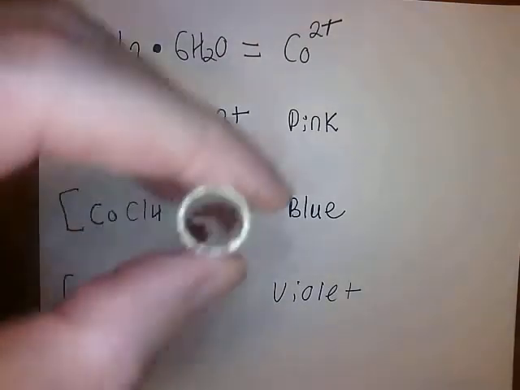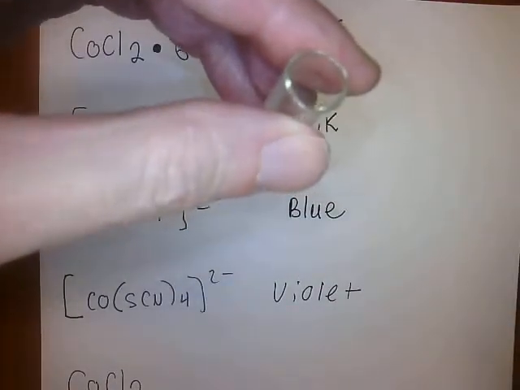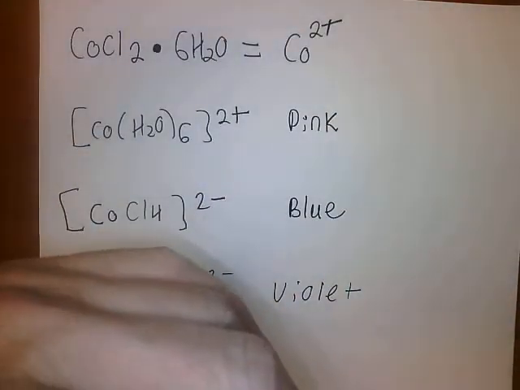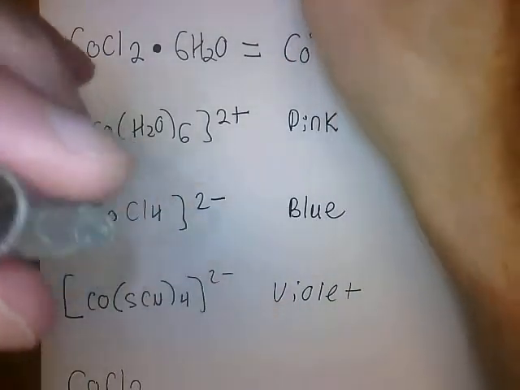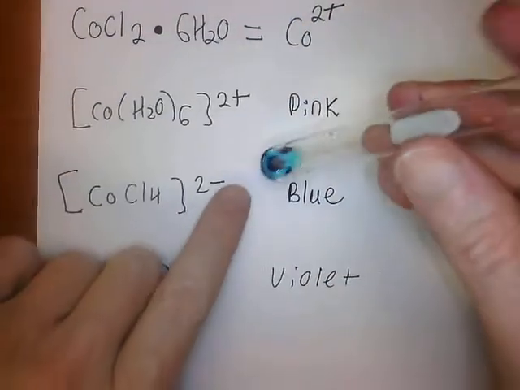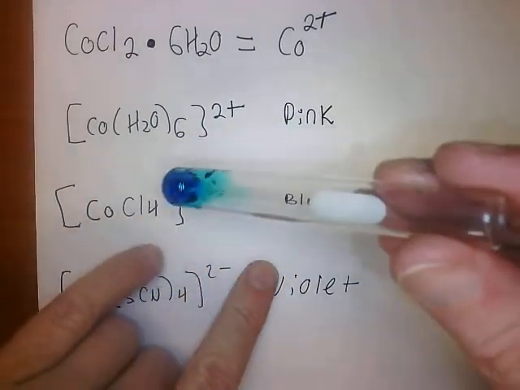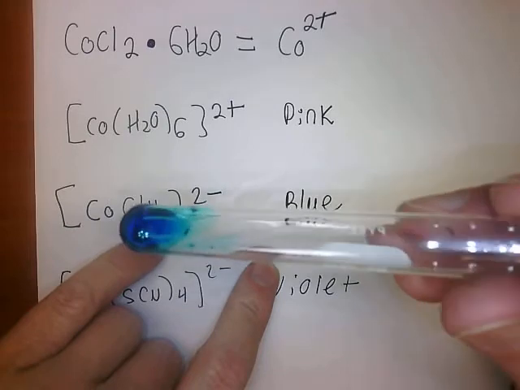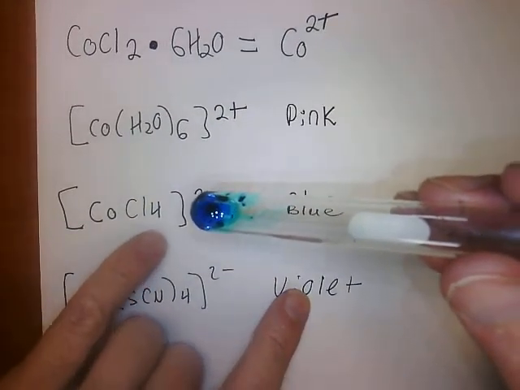Alright, so we'll take the next one, test tube number 2, dissolve it up in some hydrochloric acid, and now what you see looks completely different. Okay, what's being produced here is the tetrachlorocobaltate ion.